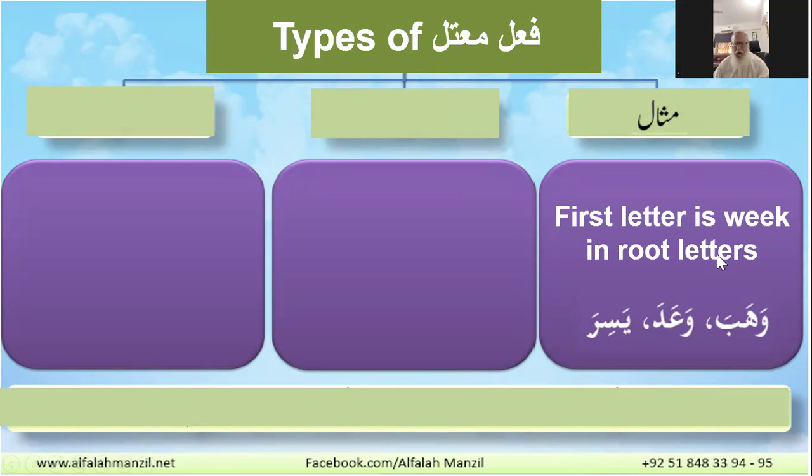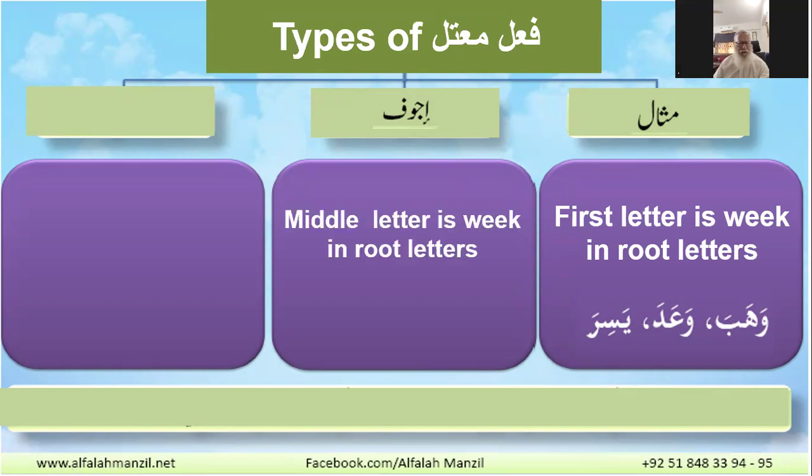So Misal is of two types, Misal Wawi, Misal Yai. If the weak letter comes in the middle, then it is called Ajwaf. Ajwaf is again of two types, Ajwaf Wawi, Ajwaf Yai, because the actual weak root letters are the two, Waw and Ya.